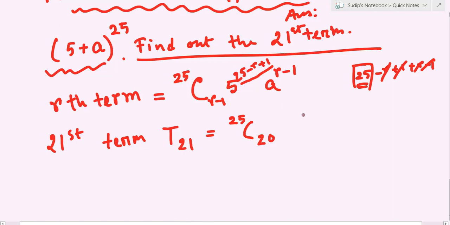You can say like this, 5 to the power, we don't know what, we know that a to the power 20. So 5 to the power 5 will appear here. So this is the 21st term. We can write it without expanding the series.